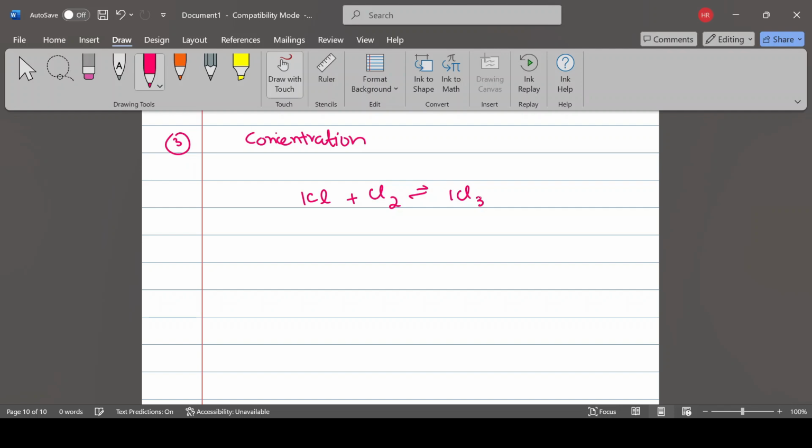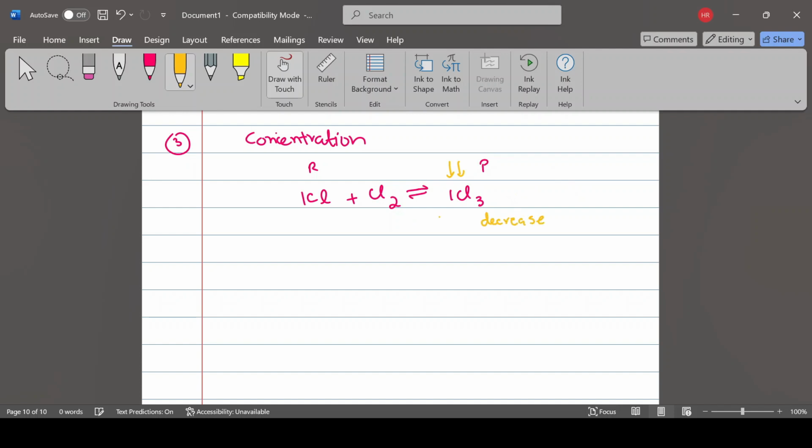Now in this case, it's a reversible reaction, this is your reactant side, this is your product side. What happens if I increase the concentration of ICl3? If I add in more ICl3, the system will oppose the change by trying to decrease the concentration of ICl3 back.